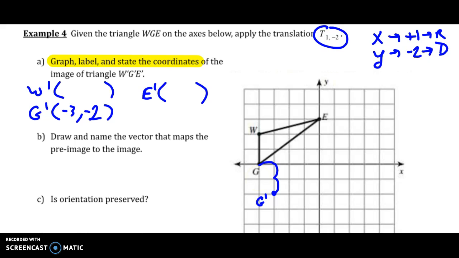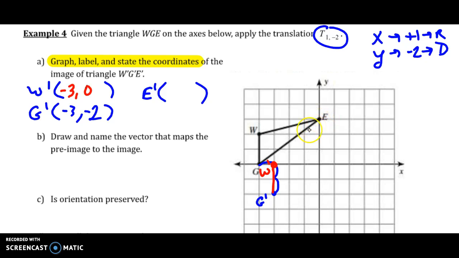Right. So again, I can apply that translation to each point, or I know that G and W are 2 units away, so G prime and W prime are 2 units away. And that gives us negative 3, comma, 0 for W prime.